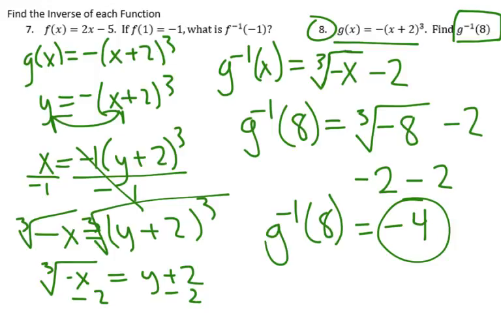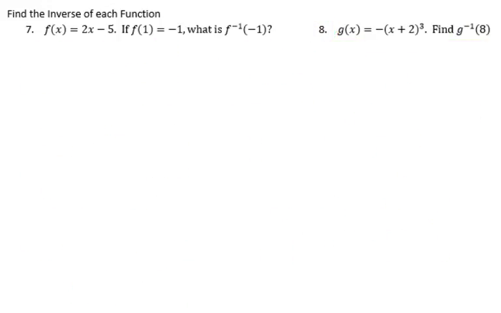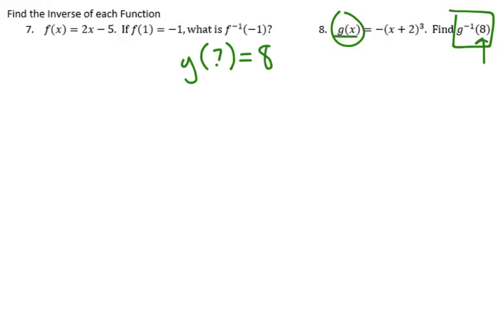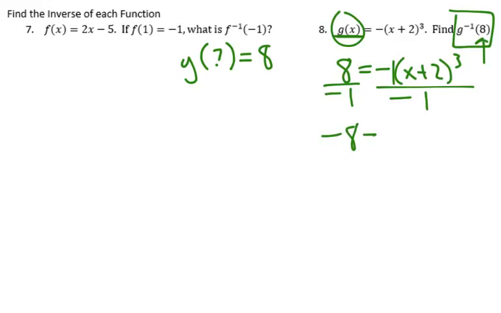The other way we can do it is to just go, okay, the inverse's input would be the output of this. So I know that g of some number is going to equal 8. So I could make g of x 8, and then solve for x. You're really doing the same thing, because watch what you'll do. I'd have to divide by a negative 1, which would give me negative 8 equals x plus 2 cubed.